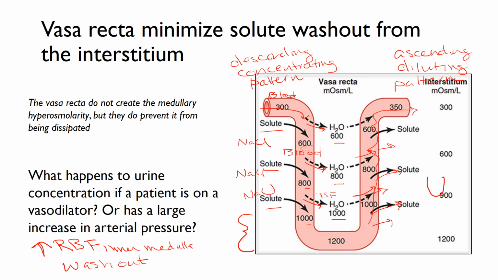As a result, this will change the interstitial fluid concentration here in the interstitium, because if you don't have solutes leaving the blood of the vasa recta and returning to the interstitial fluid, then you can't reach your maximum of 1200. And what that will do is reduce your urine concentration.